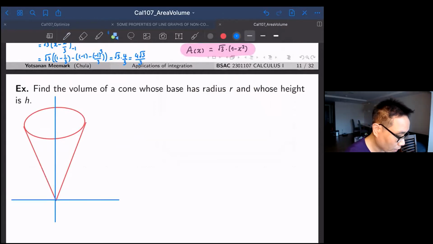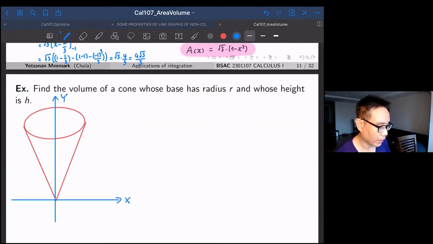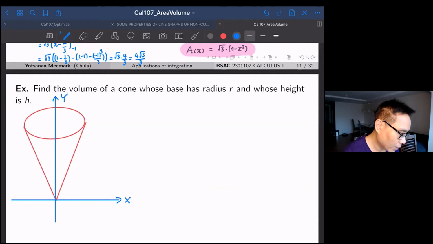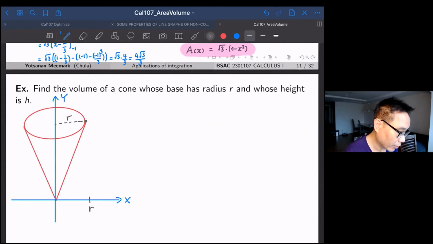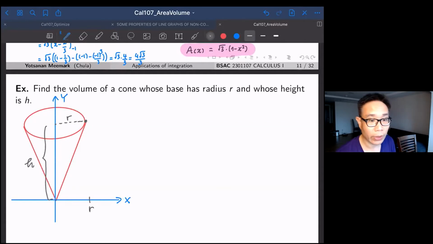So you have y, you have x, and you see that this is the cone with radius r. So let me put r somewhere here. This is going to be r on the x-axis. And you have the height equal to h. So the height here will be equal to h.